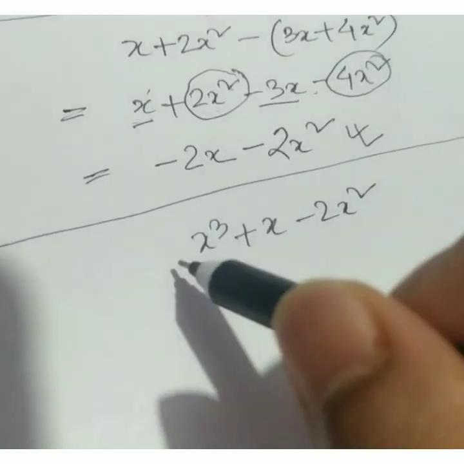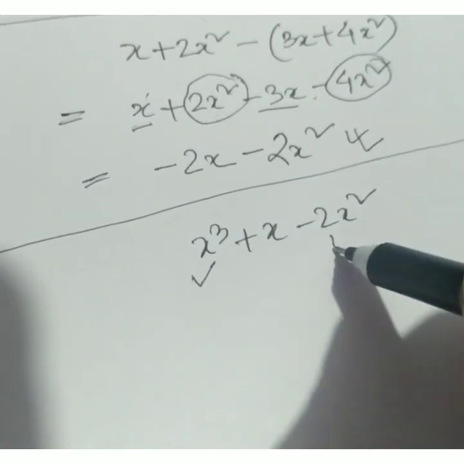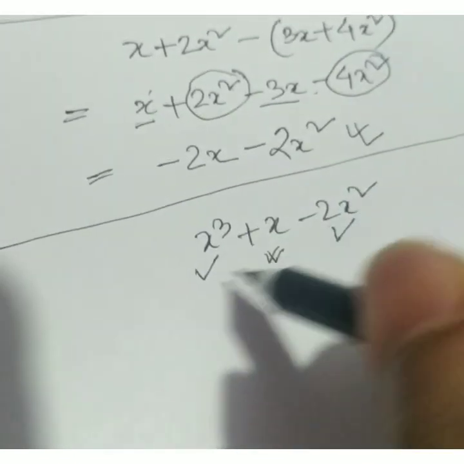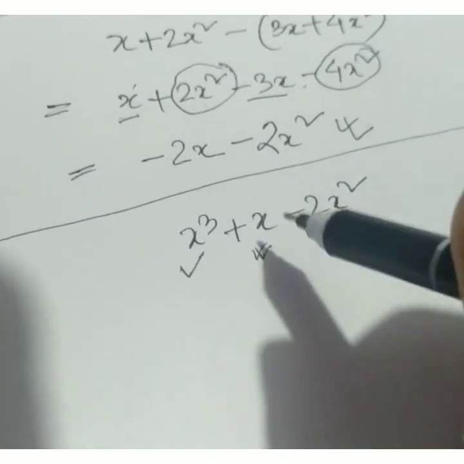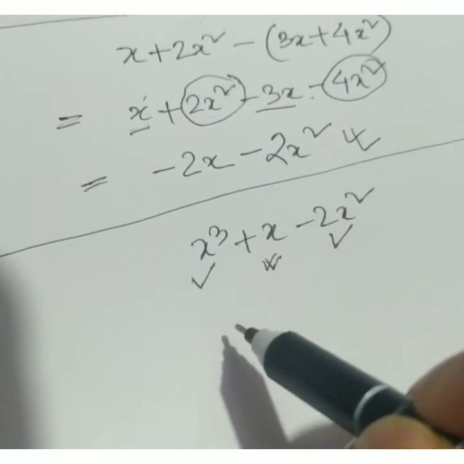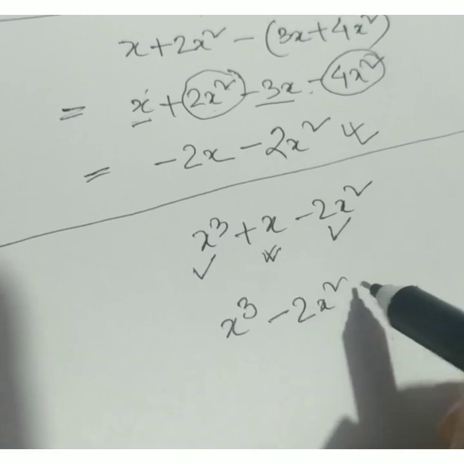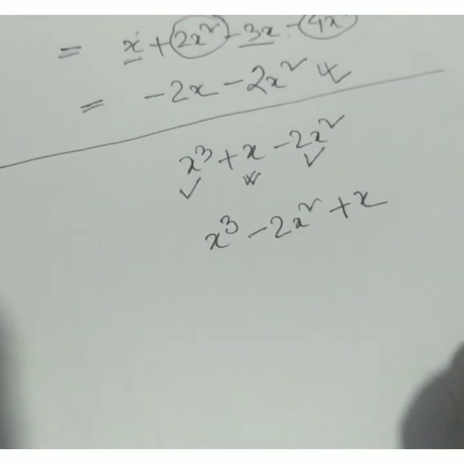Which term has the highest power of x? This term, next this term, and finally this term, right? So we always need to arrange an algebraic expression before we even start division. If we arrange, you can see it becomes x cubed minus 2x squared plus x. So then we will start division.